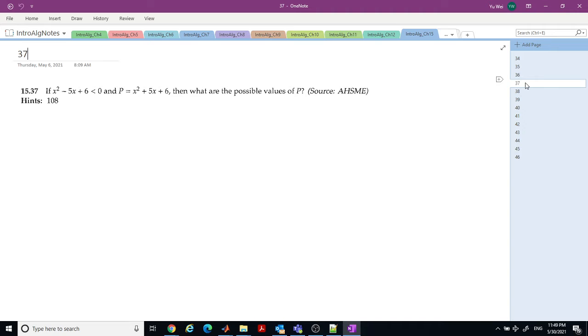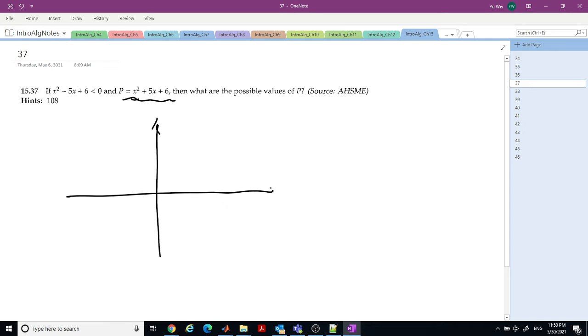So if this one is less than 0, and we have p equal to this, what are the possible values of p? Okay, so now let's draw a picture. So x, y. This one is x squared minus 5x plus 6, equal to x minus 3 times x minus 2.